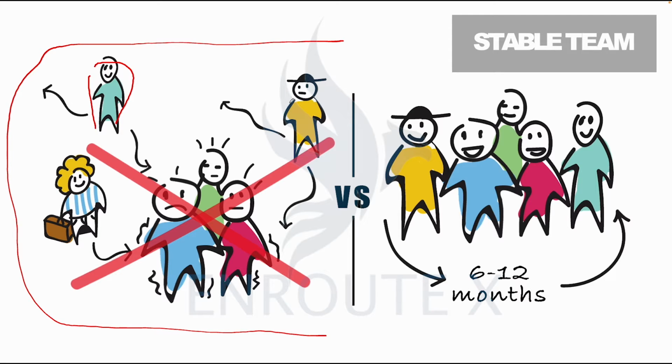We can see the guy in yellow coming in and going out. We can see another guy that is joining the team. So those are disruptions to the team. On the right side, we can see another team with stable members.